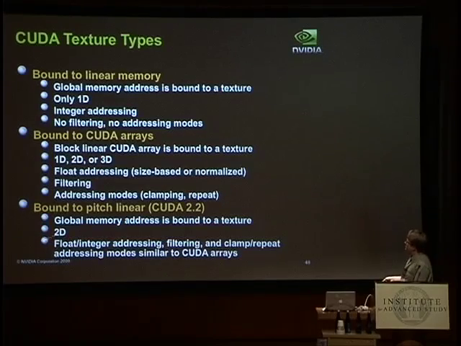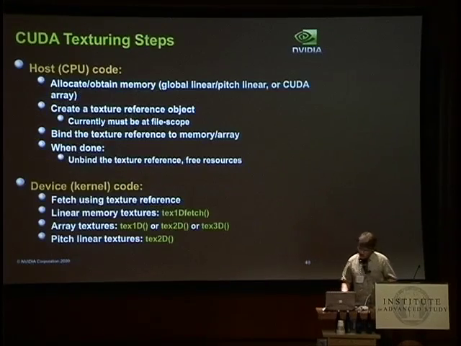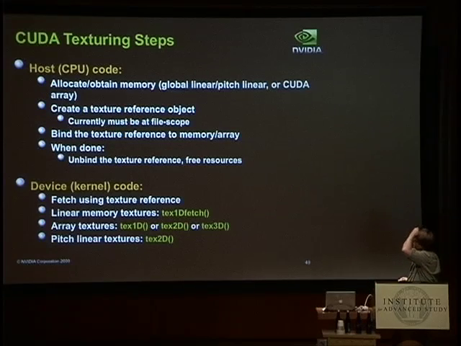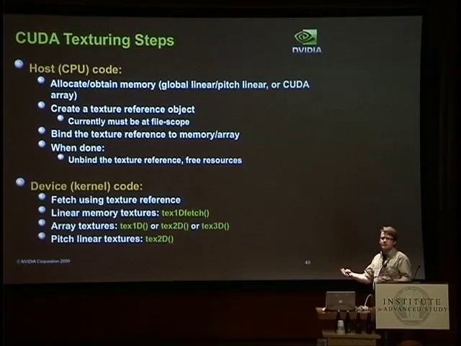And the more I think about it, the more I think this was hidden. But anyway, float or integer addressing. Okay, so this is just how to do it. We don't need to go through this right now, but basically, on the fly, you can declare something to be texture, use it in that advantageous way and then release it back to be regular memory. So it's just a useful thing to know that you can do.